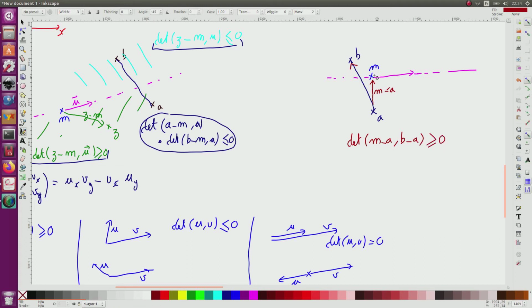So it is not a good situation for us because there is no intersection. So here I can replace this by, if I have this, A minus M, then M will be here in this part with respect to A and B, and then I will have an intersection.